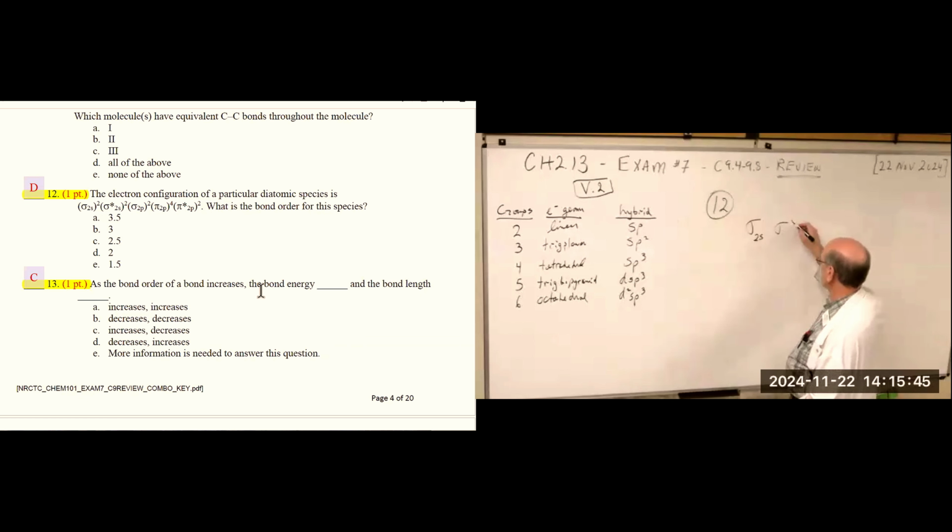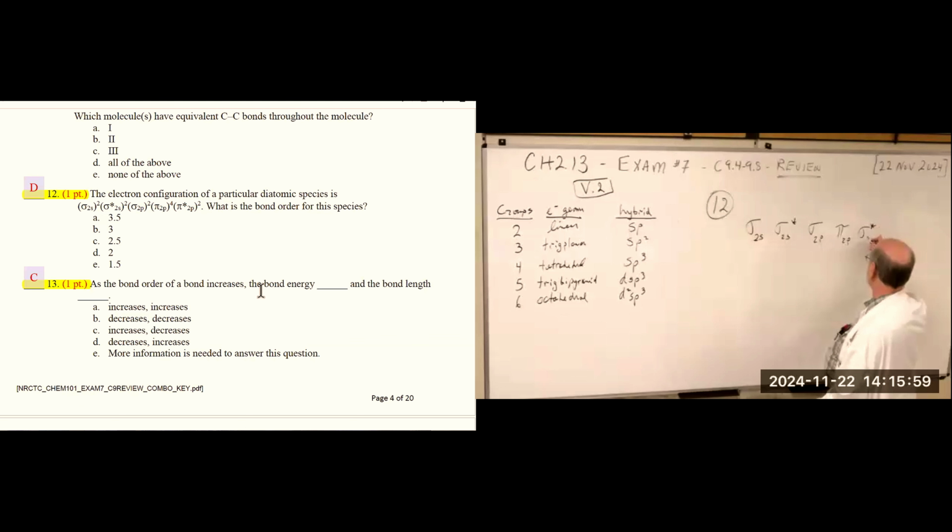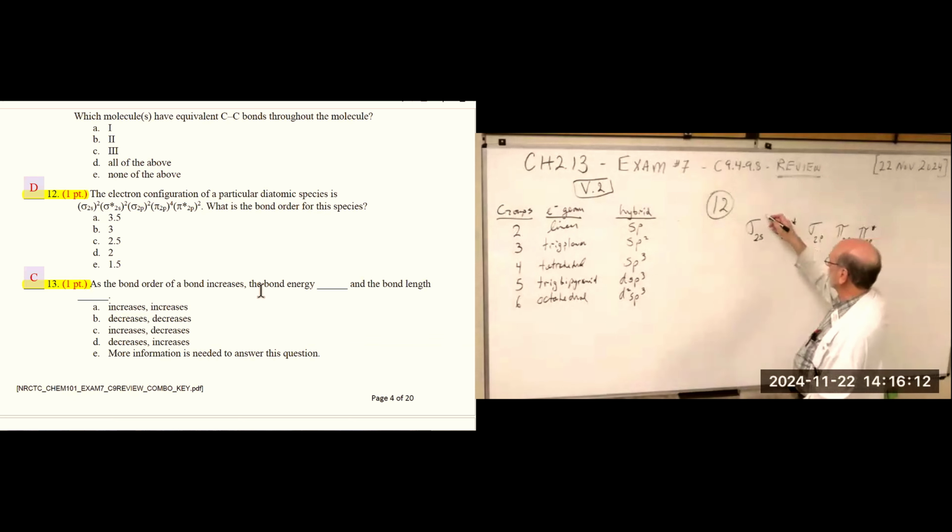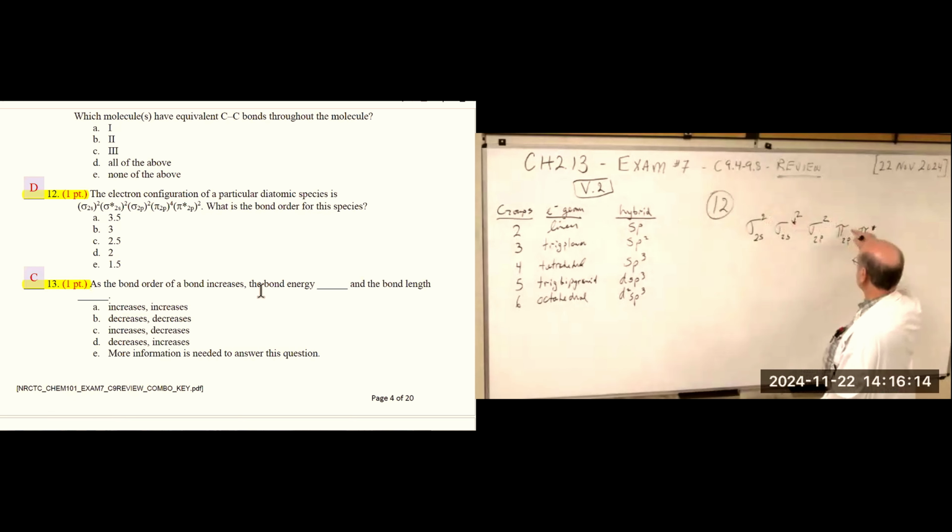Let's see, sigma star 2s. Then we go to, there is no mixing in this one. 2p and pi 2p, and then sigma star. Oops, sorry, my mistake. Pi star. Did it go that high? Yeah, that's where it stopped, right? This one has 2, 2, 2. Pi's can have 4.